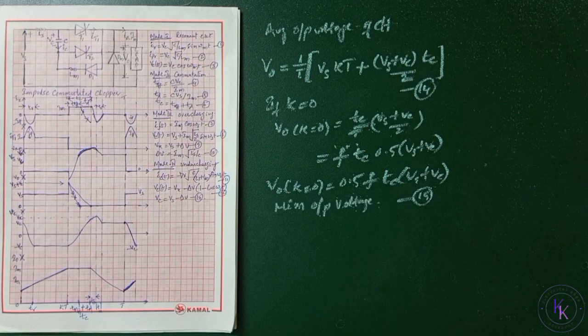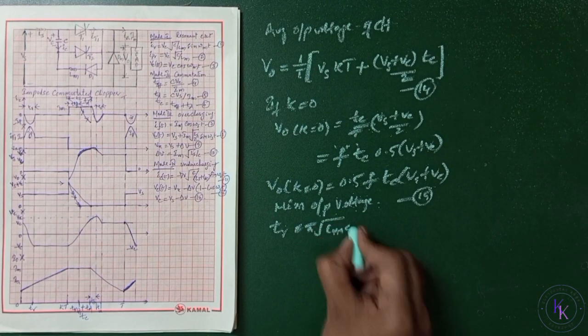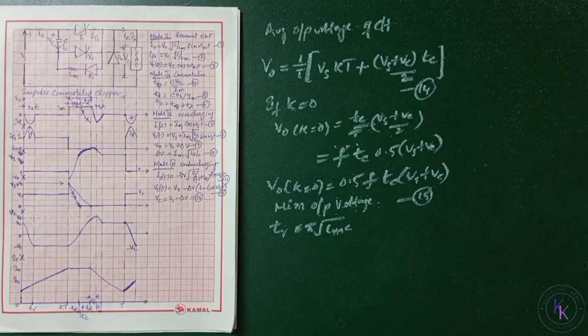Now the thyristor T1 must be on for a minimum time of Tr, the resonant reversing time, which equals pi square root of Lm C, to allow the charge reversal of the capacitor, and Tr is fixed for a particular circuit design. Therefore, the minimum duty cycle and the minimum output voltage are also set.